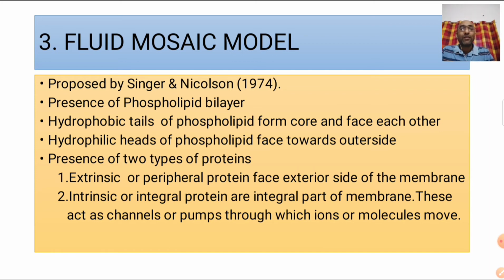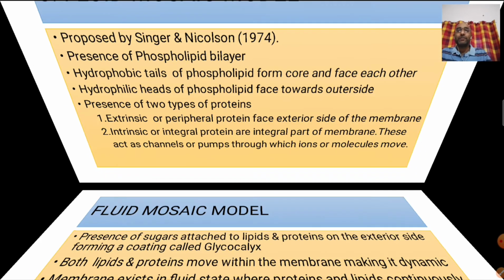The integral proteins act as channels or pumps through which ions or molecules move. What channels and pumps are, I will discuss in detail in another video lecture on membrane transport. Got it? Now come to the next slide.